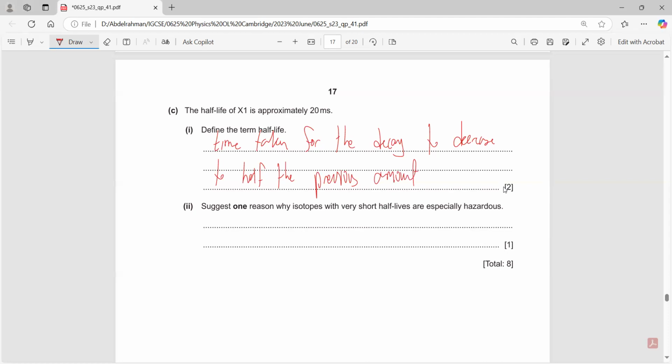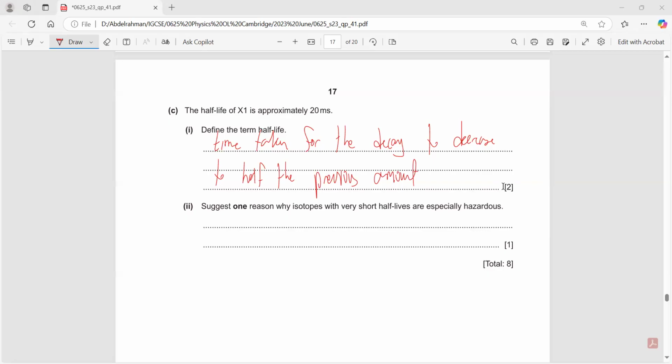Give one reason why isotopes with very short half-lives are especially hazardous. The half-life is 20 milliseconds, so in 1 second you'd have 50 half-lives.